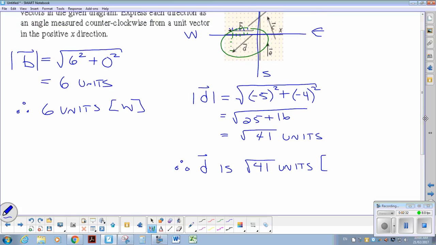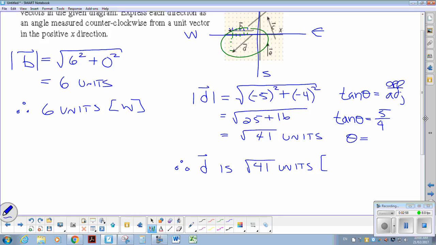So part 2 to this: tan theta equals the opposite over adjacent again. So it's always the y component. So tan theta equals my y component. I don't need to worry about the negatives because I already know what direction it's facing. I think I said it was 5 over 4. So theta equals tan inverse of 5 over 4.